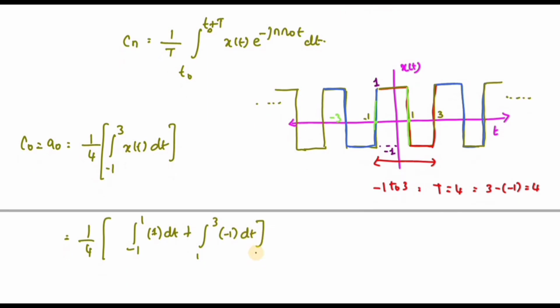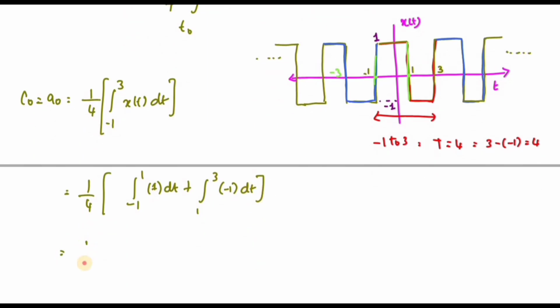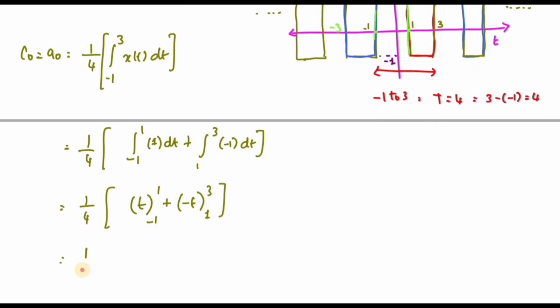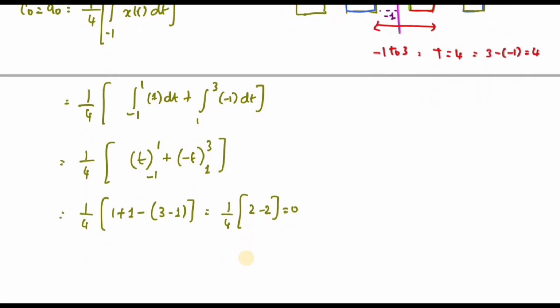Okay, so if I substitute, 1 divided by 4, you will get t from minus 1 to 1 plus minus t from 1 to 3. So it becomes 1 divided by 4, 1 plus 1 minus, if I take it common, minus 3 minus 1, it is equal to 1 divided by 4, 2 minus 2, that is equal to 0. So we have found the value of c naught, that is 0, right?